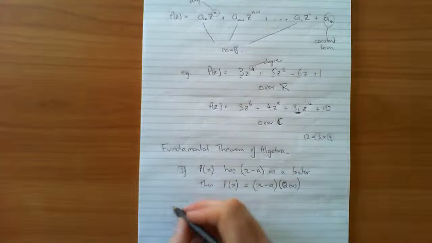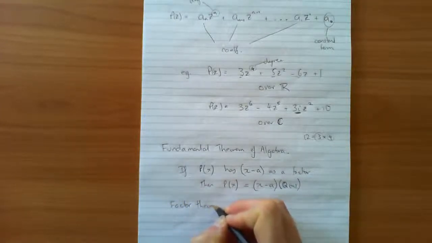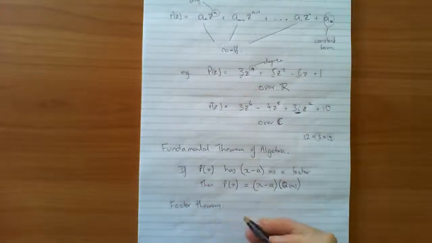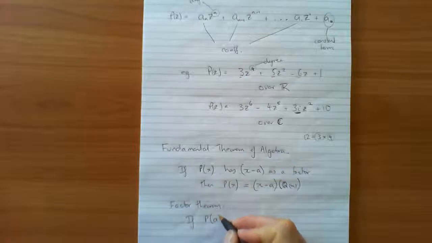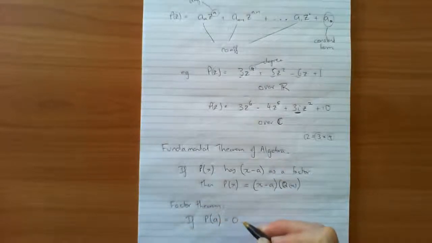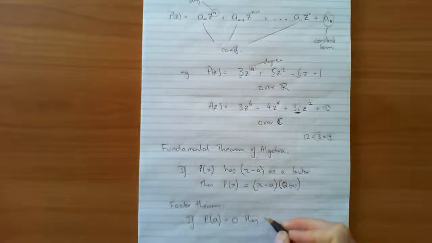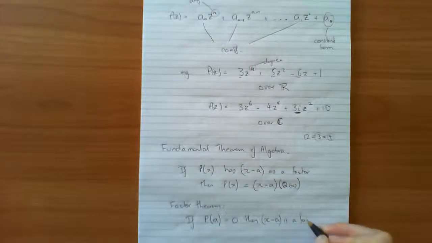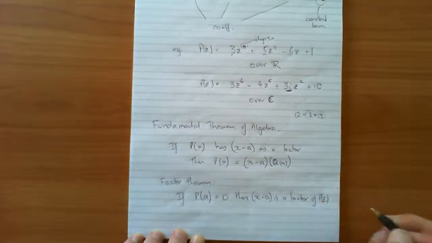Now, following on from this, we have what we call the factor theorem. This is very useful. The Factor Theorem says if p(a) equals 0, then x minus a is a factor of p(x).